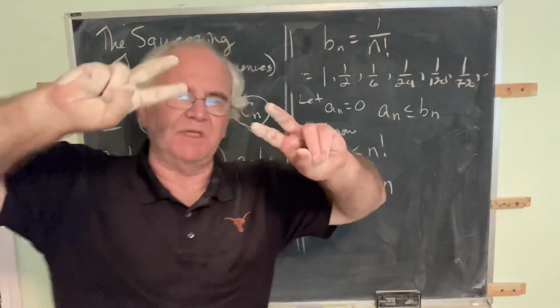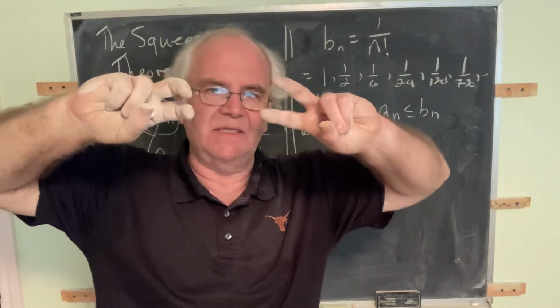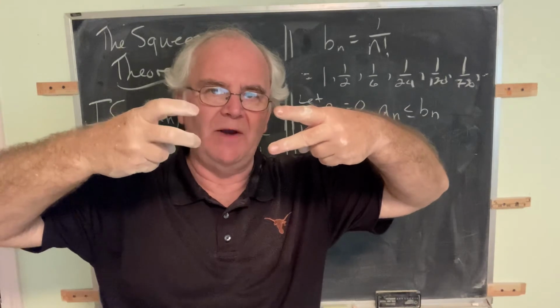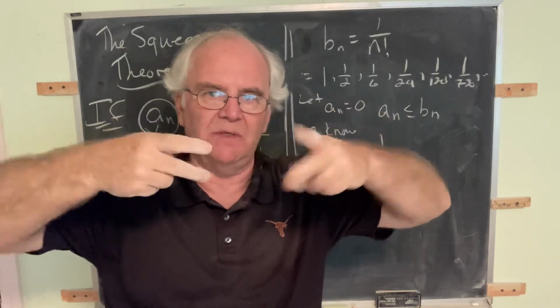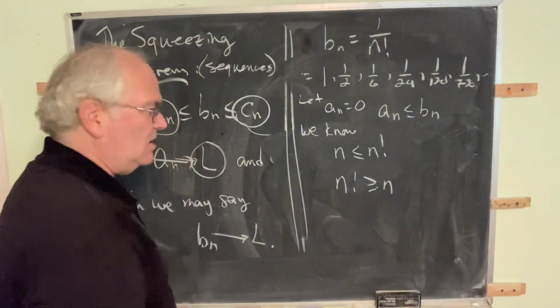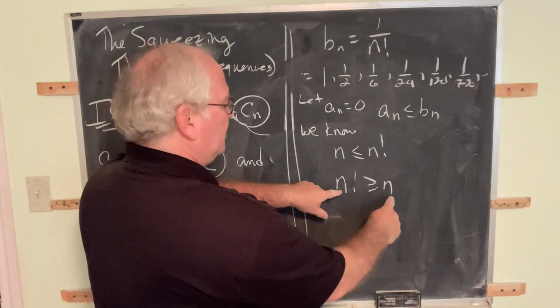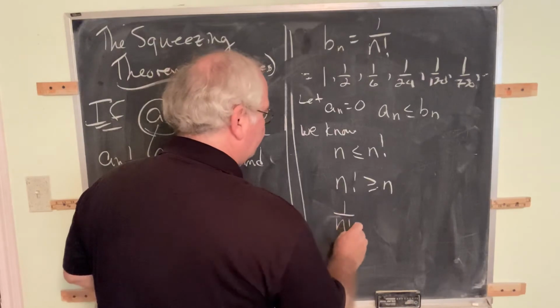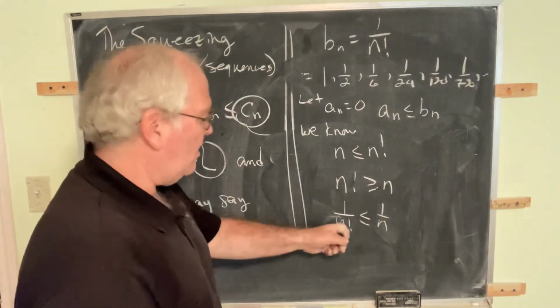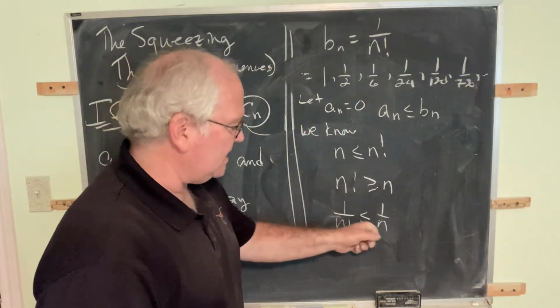Now, it's a property of all fractions: if fraction a is less than fraction b, when you form reciprocals, fraction a is now greater. Whenever you form reciprocals, you must reverse the direction of the inequality. That can very easily be shown. So what I'm going to do is form the reciprocal, reverse the inequality, and so 1 over n factorial is always less than or equal to 1 over n.